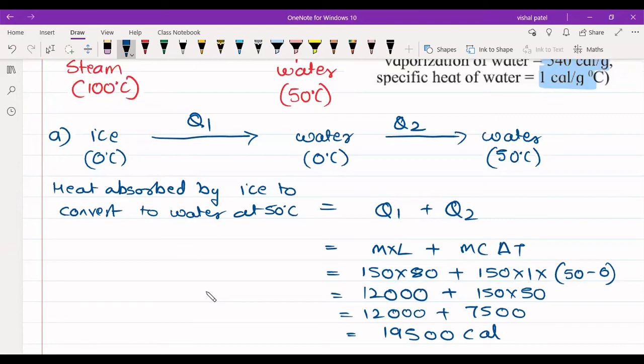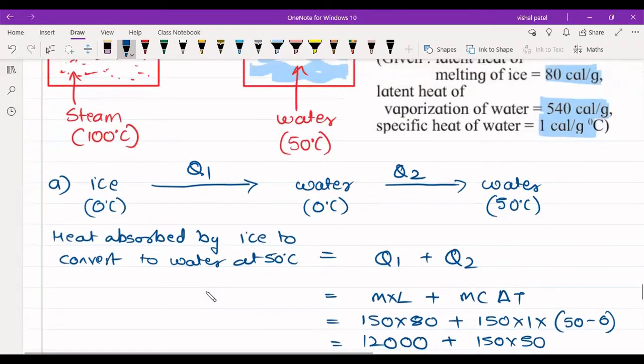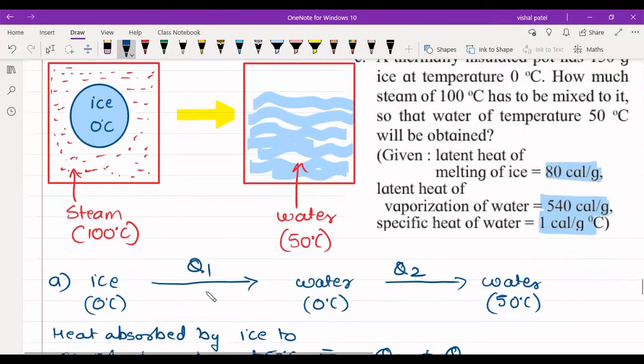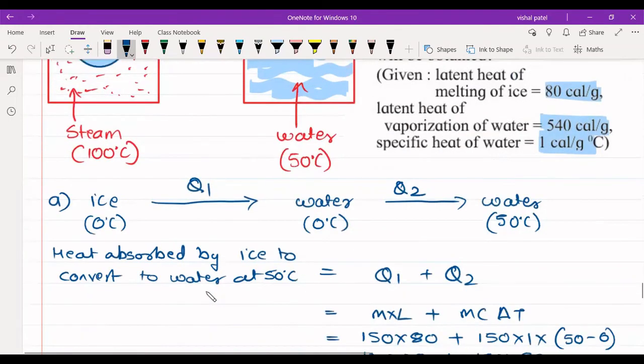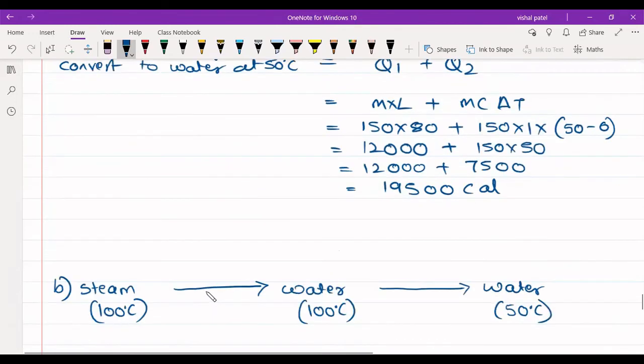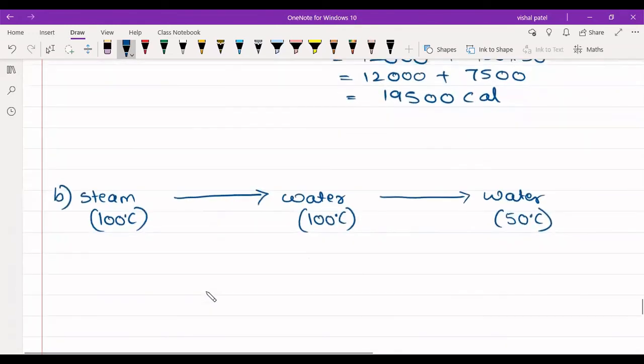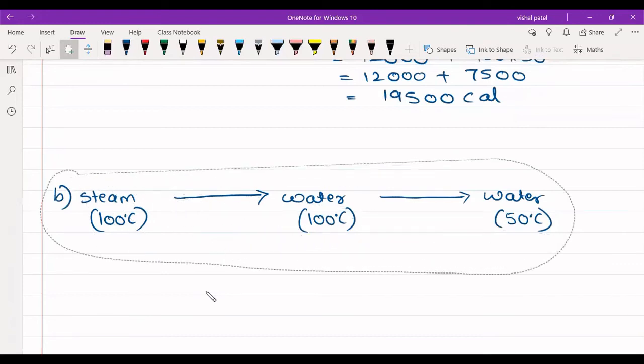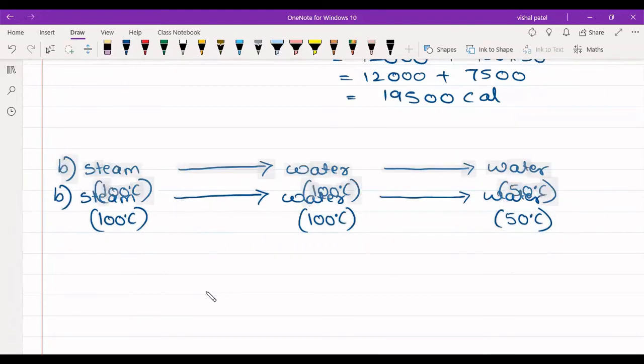Now this heat which is absorbed by ice, where did that heat come from? See the figure, students. We are getting that from steam. What is the temperature of steam? You can see on the screen it is 100. Now see this, students, understand this. When steam is converted to water, that also happens in 2 steps, students.